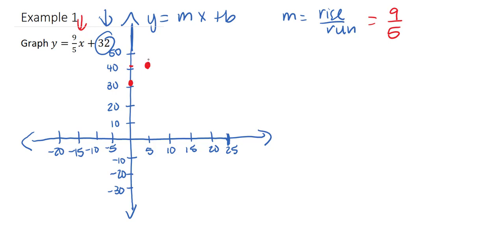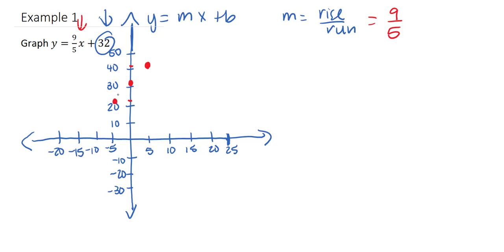Or you can keep going. We can do another rise over run. Now if we were to go down, we're going to have to go down 9. So 32 minus 9 is 23, so somewhere right here. And then we need to go over 5, because we need to have a positive slope.